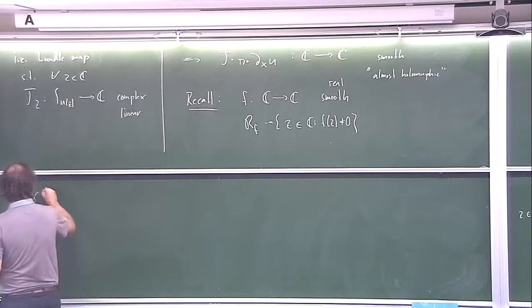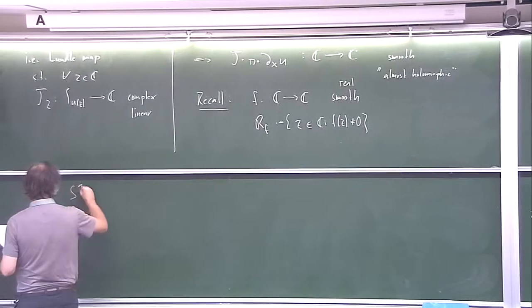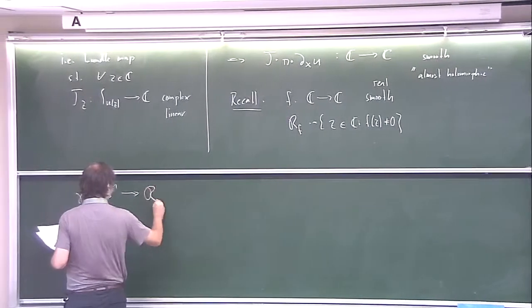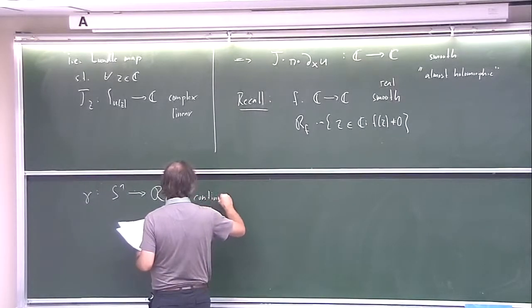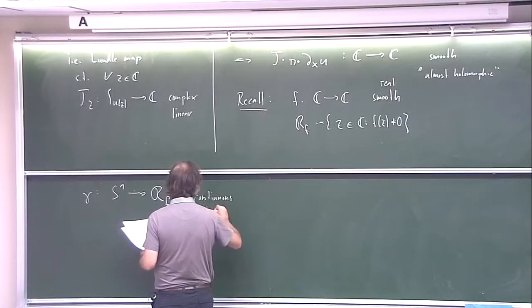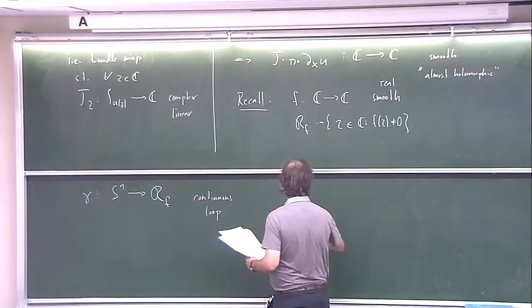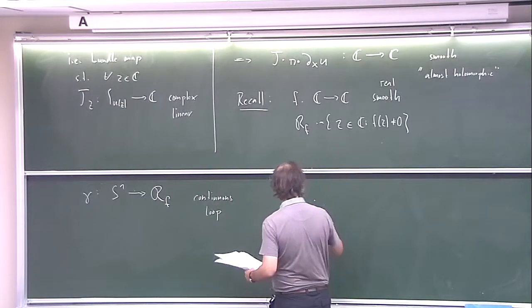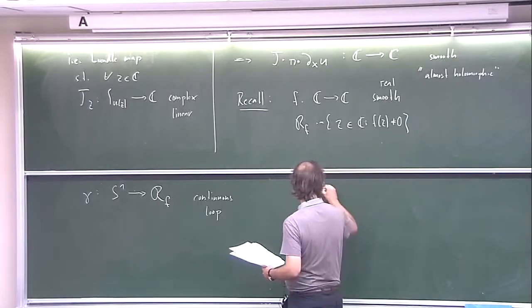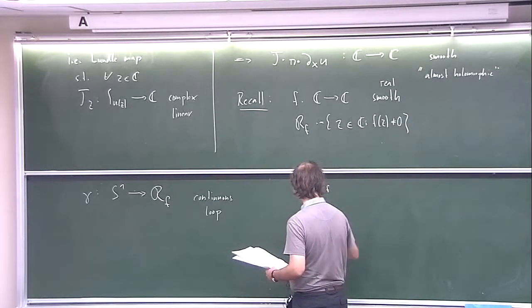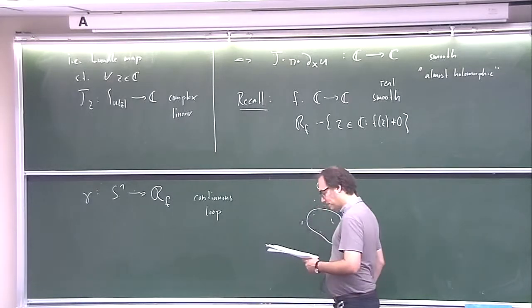And let's consider gamma from S1 to Rf, some continuous loop in the regular set. So we have the regular set Rf, and then here gamma.